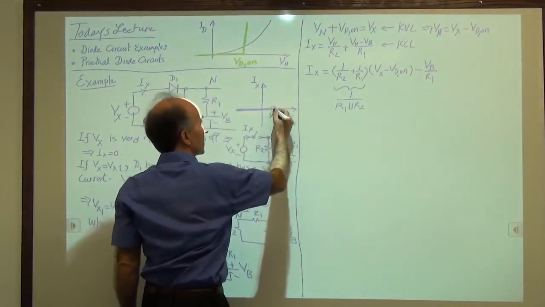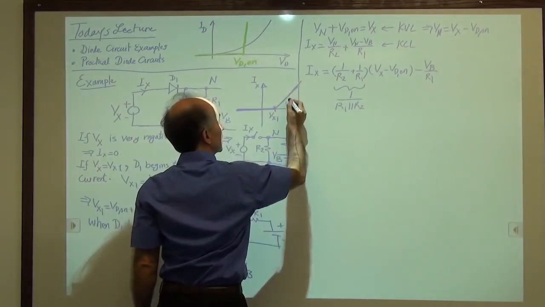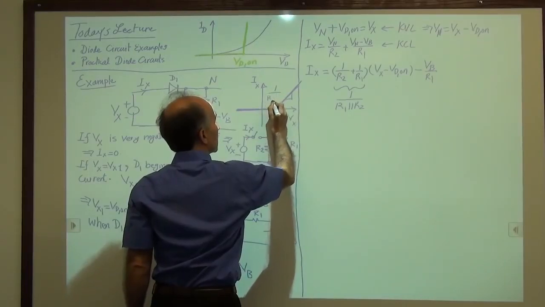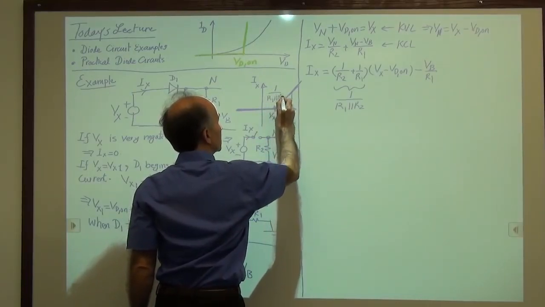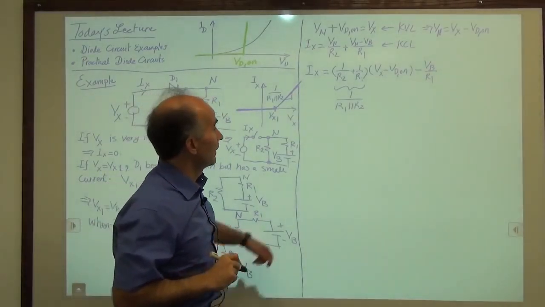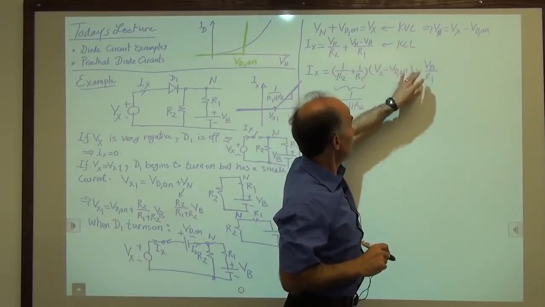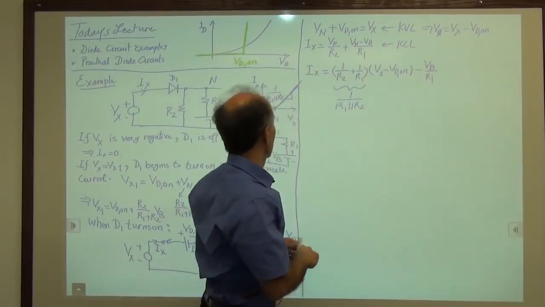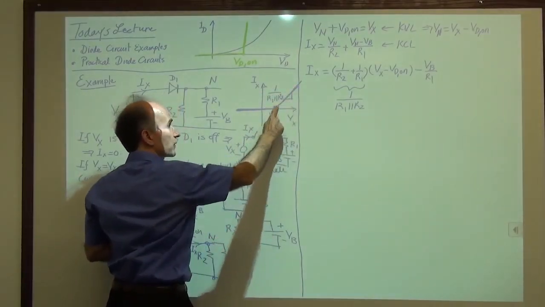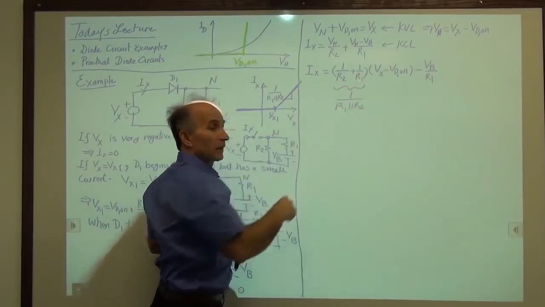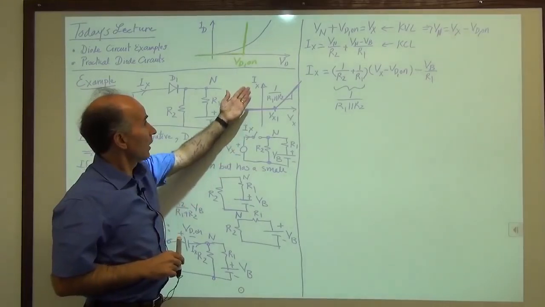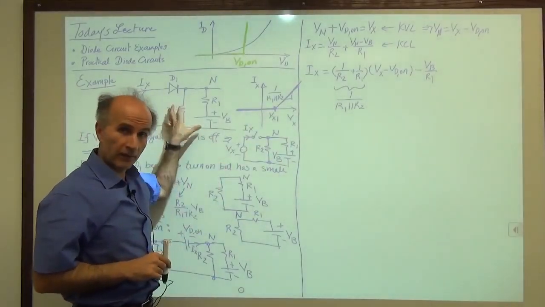So I can say that from here on, we grow linearly, and the slope is 1 over R1 in parallel with R2. That is the slope of the characteristic. And the rest are all just shifts, because this characteristic doesn't go through 0. It is shifted to over here. It has to go through Vx1, and those all account for Vx1. All right, so that is the Ix Vx characteristic of this given circuit.